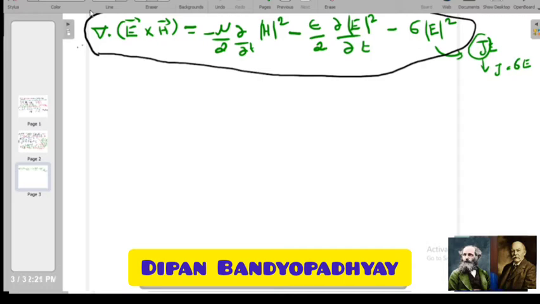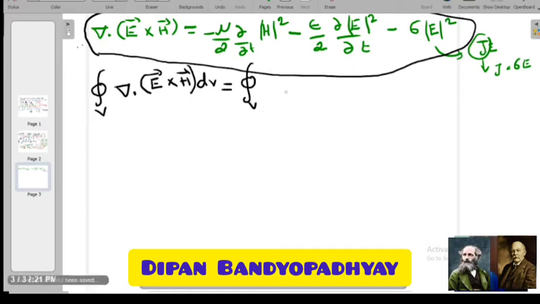Now suppose we consider a volume, and we integrate over that volume. So integrating over a volume, say V, the divergence of E cross H, we need to get the dV also, will be equal to this total thing dV.